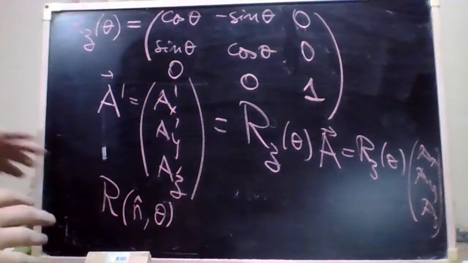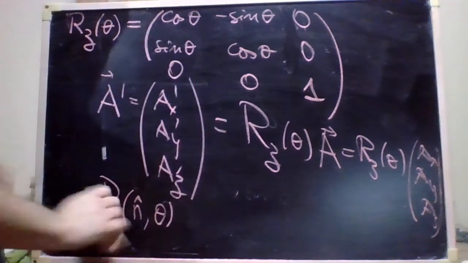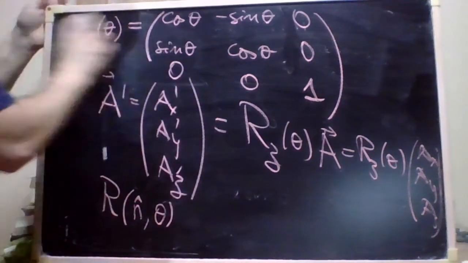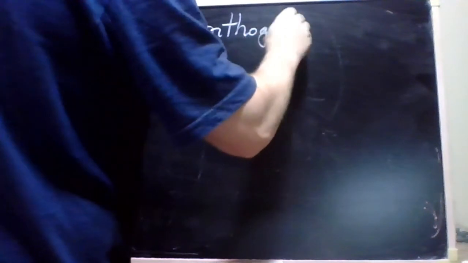All right, and notice that rotations are described by something called orthogonal matrices. All right, so rotations, orthogonal matrices in real spaces.